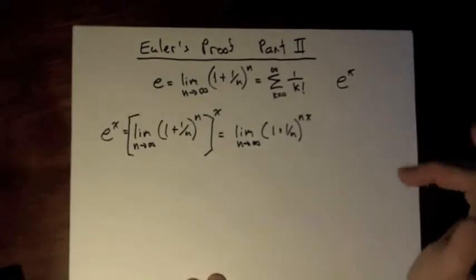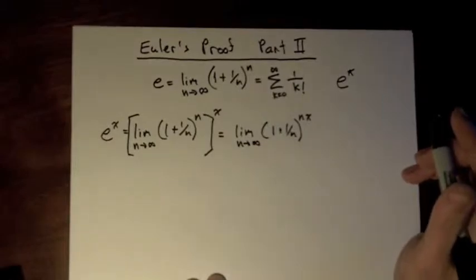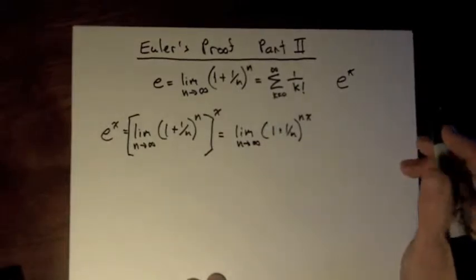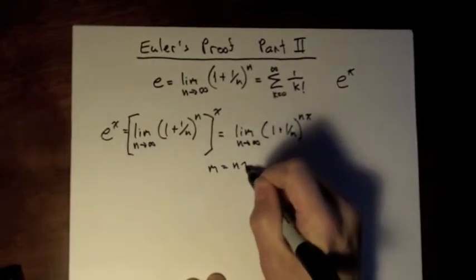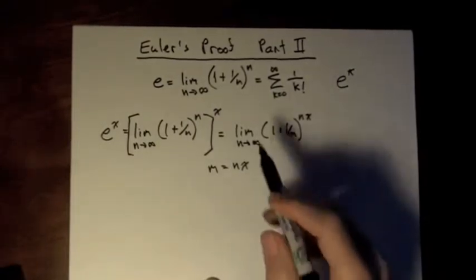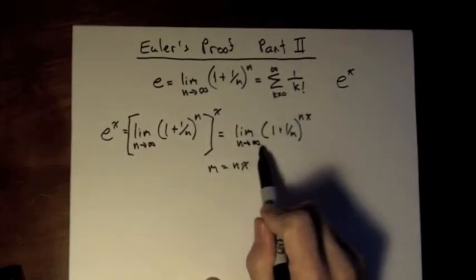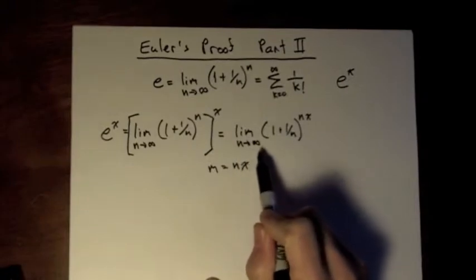So, for starters, why don't we do a little substitution, and let's let m equal n times x. Okay? So first of all, n is going to infinity. What's going to happen to m when n goes to infinity?